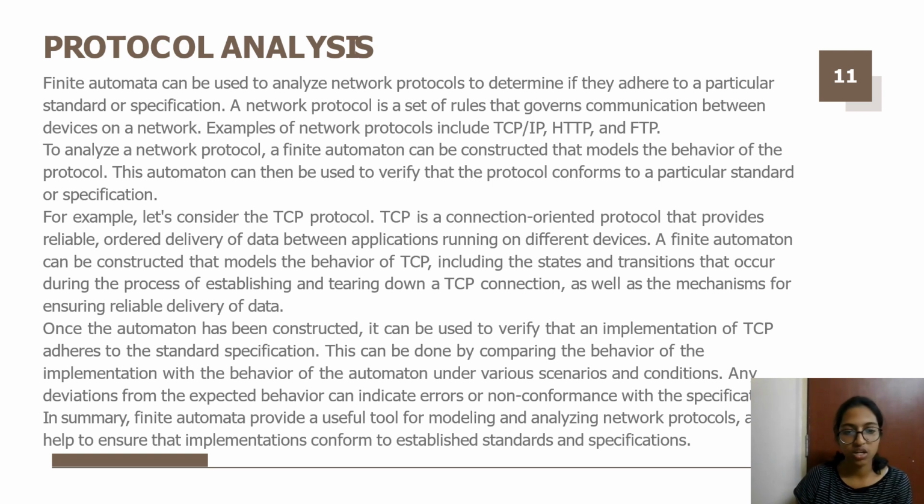Once the automaton has been constructed, it can be used to verify that an implementation of TCP adheres to a standard specification. This can be done by comparing the behavior of the implementation with the behavior of the automaton under various scenarios and conditions. Any deviations from expected behavior can indicate errors or non-conformance with the specification.